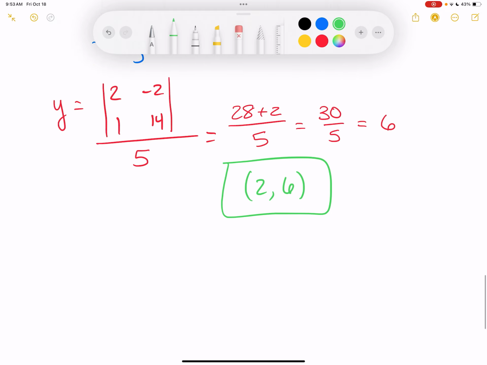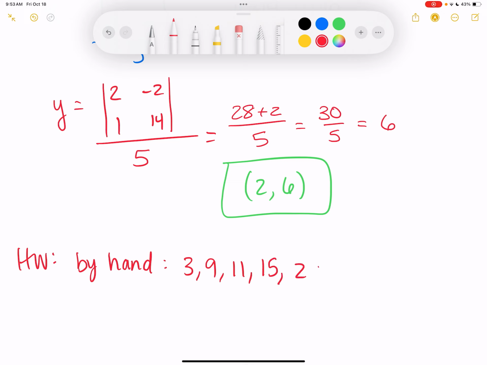All right, your problems are by hand: 3, 9, 11, 15, and 29. So 29 will be just like what we just did, so you have one for practice. On the calculator, you should check the 3x3s.